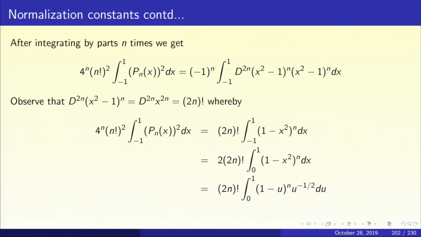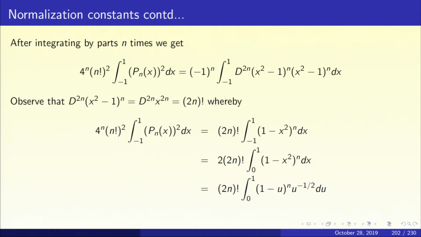Okay, now since the integrand is an even function, it will be twice 2n factorial times the integral from 0 to 1 of (1 minus x squared) raised to the power n dx. Now make the substitution x squared equal to u, and we get 2n factorial times the integral from 0 to 1 of (1 minus u) to the power n times u to the power minus half du.